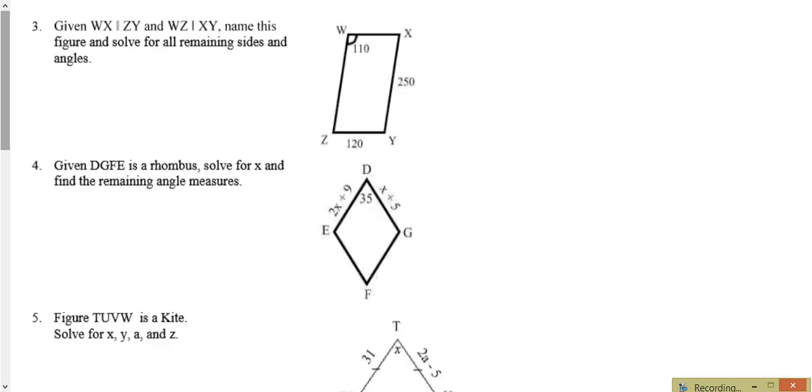In question number 3, we are given that WX is parallel to ZY. And we are given that WZ is parallel to XY. Name this figure and solve all the remaining sides. Now we have two pair of parallel sides, therefore this is a parallelogram. That's the abbreviation that I use for that.